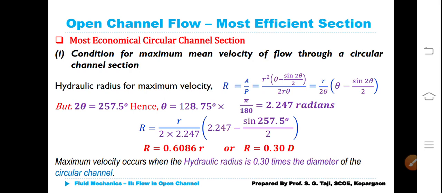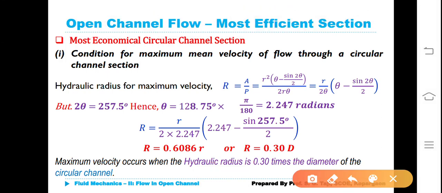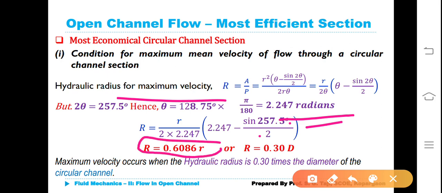Hydraulic radius for maximum velocity, capital R is equal to A by P. If you substitute the values, you will get theta as 2.247 radians, or capital R is equal to 0.6086 small r, or capital R, the hydraulic mean depth, is equal to 0.30 times the diameter of the circular section.